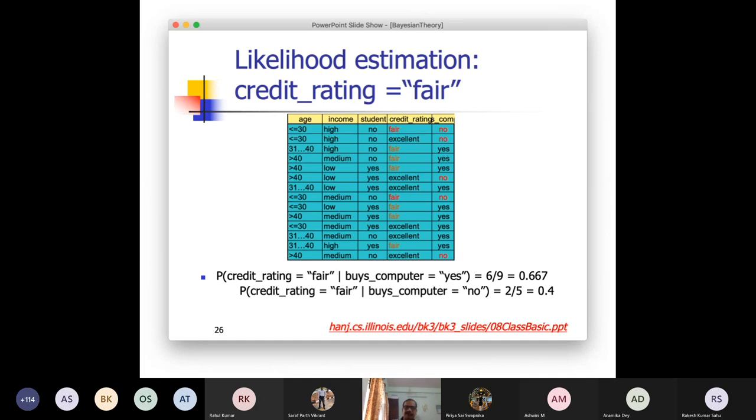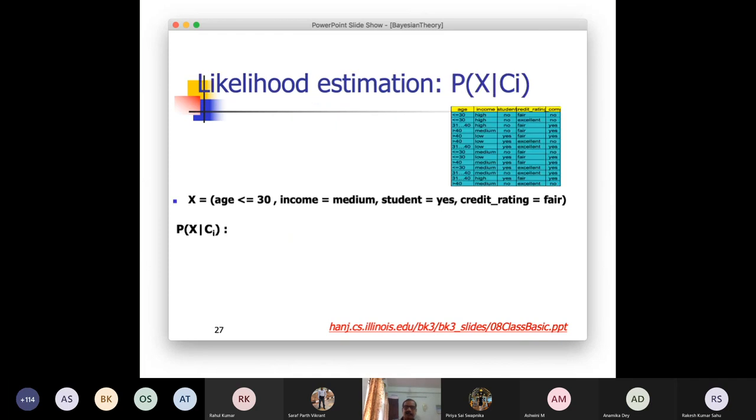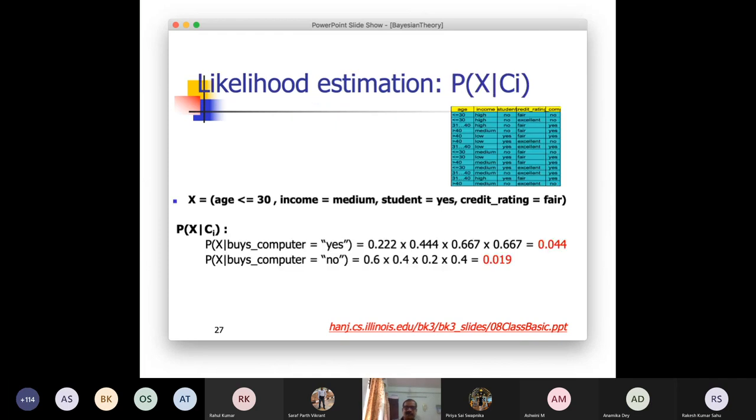So now you have all these likelihoods you have computed, and then the overall likelihood for a class Ci, for the two classes. So this is the overall likelihood. If I use a maximum likelihood based approach, which class should be assigned? Yes.